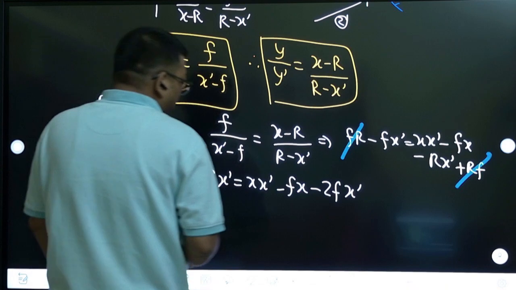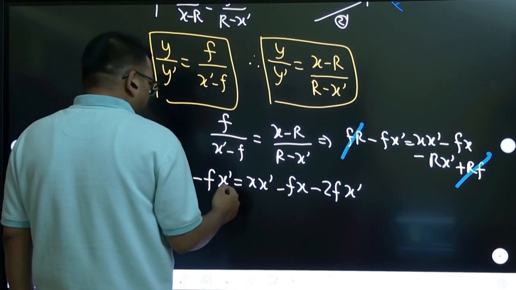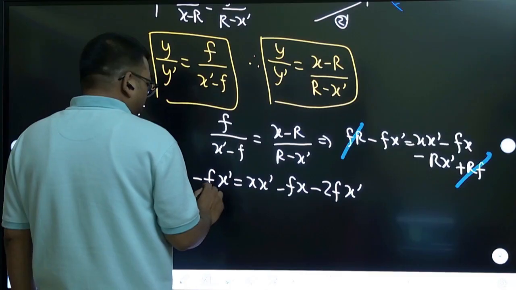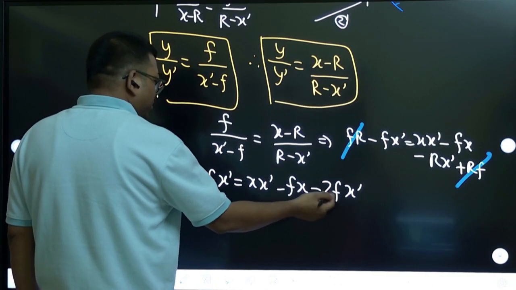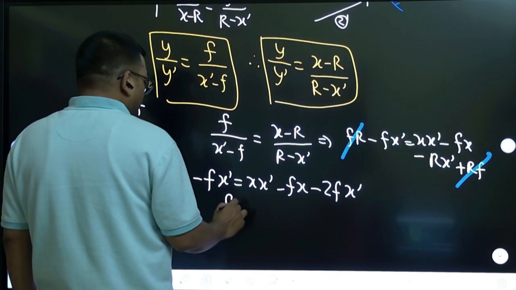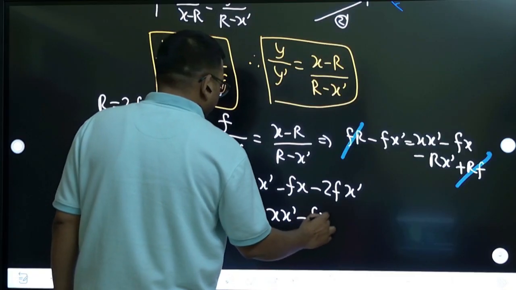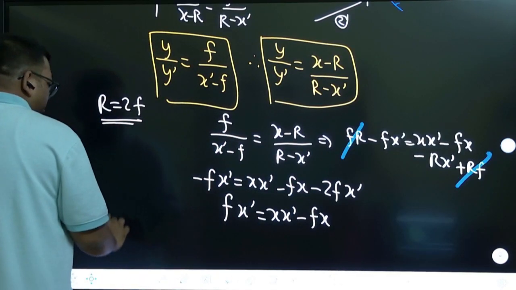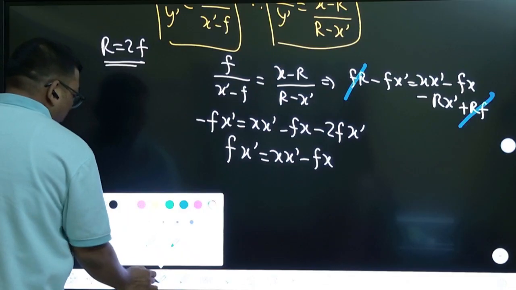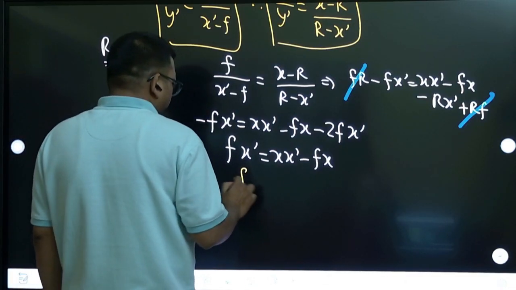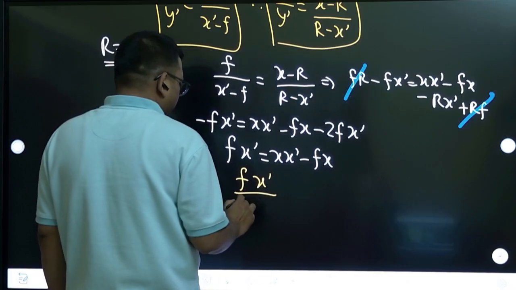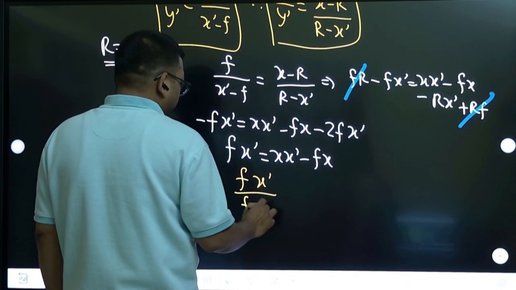Now bring one side this term: minus f x dash, minus will become plus. So it will become f x dash is equal to x dash x minus f x. Now let us divide all these terms by f x x dash.